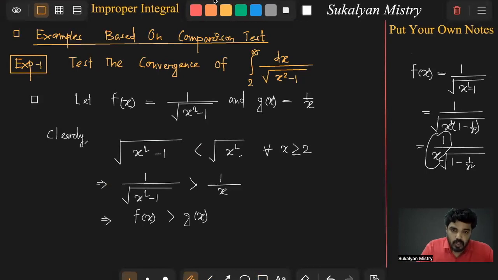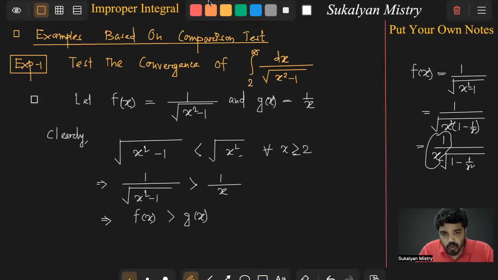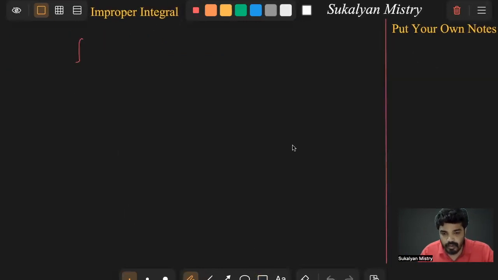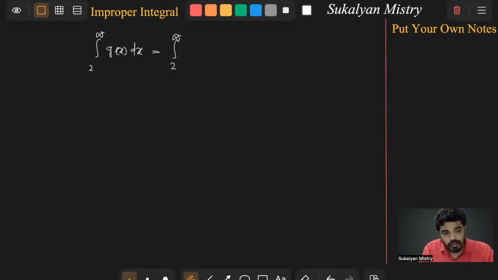Here a is 2, so integration 2 to infinity g(x) dx equals integration 2 to infinity. What is g(x)? g(x) is 1 by x, right?